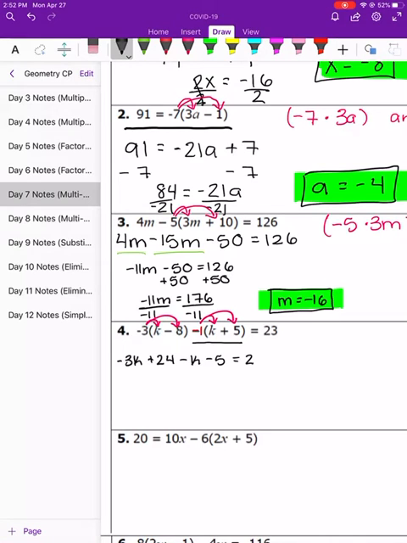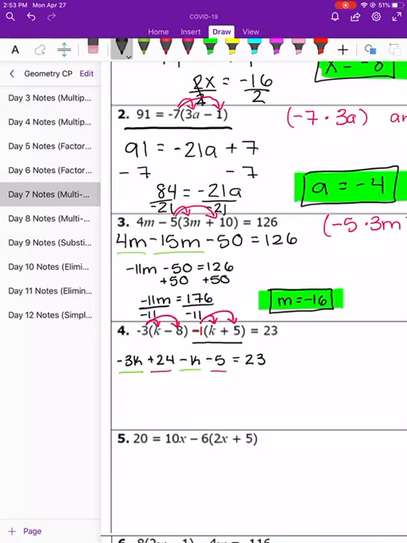And negative 1 times 5 is a minus 5 equals 23. Okay. Now I'm going to see if I can combine like terms. I have a negative 3k and a negative k. I also have a positive 24 and a negative 5.